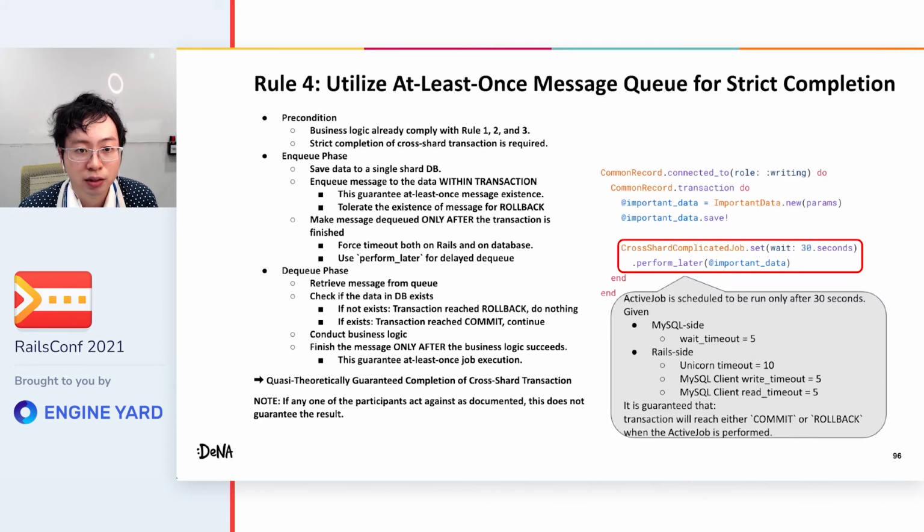If it exists, then the transaction reached commit. Continue the process. Then conduct idempotent business logic and be sure to finish the message only after the business logic succeeds. This guarantees at-least-once job execution. Also, do not forget to consider the risk of review process clash. By this architecture, we have achieved a quasi-theoretically guaranteed completion of cross-shard transactions.